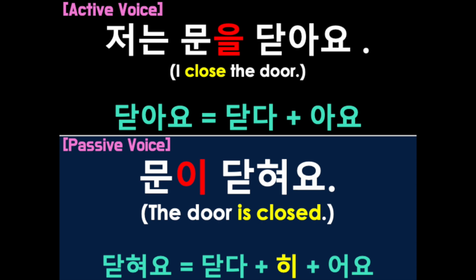The door is closed. The door is closed by other external forces. So the subject of a sentence is influenced by other external forces. So that's why we need to use the passive voice form.